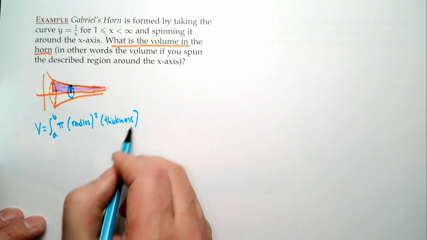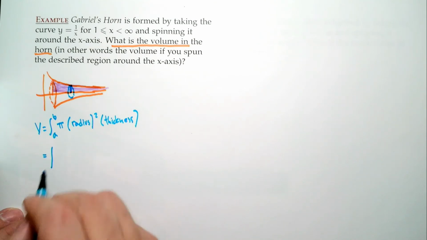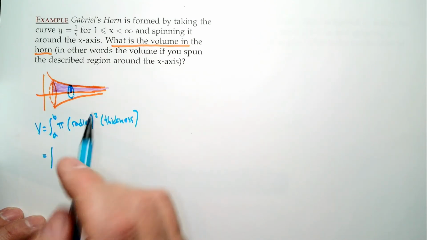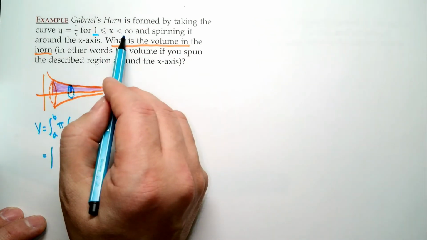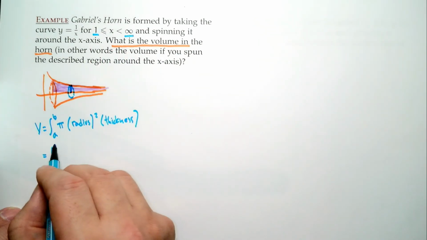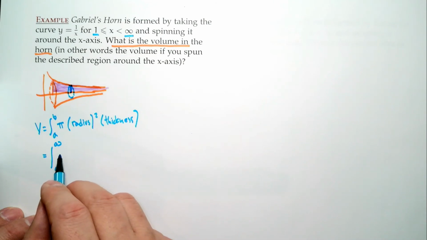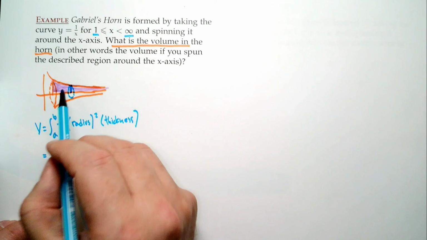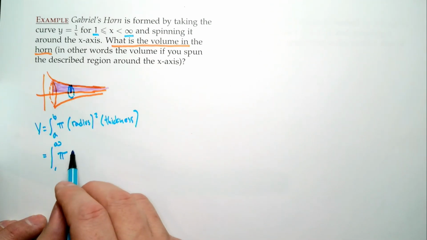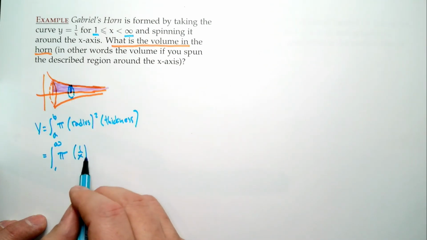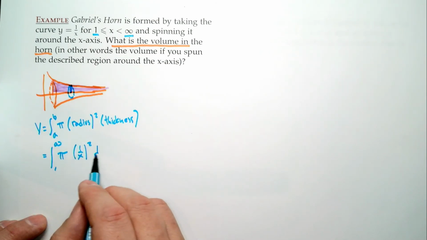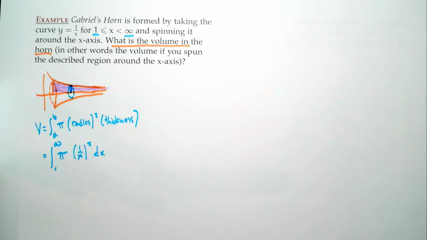Okay, so that's our generic formula. In our case, what will a and b become? 1 and infinity. The pi? Still pi. The radius, okay, so that's the height. What's our radius? 1 over x squared. And the thickness is a dx. Just a small, thin part.